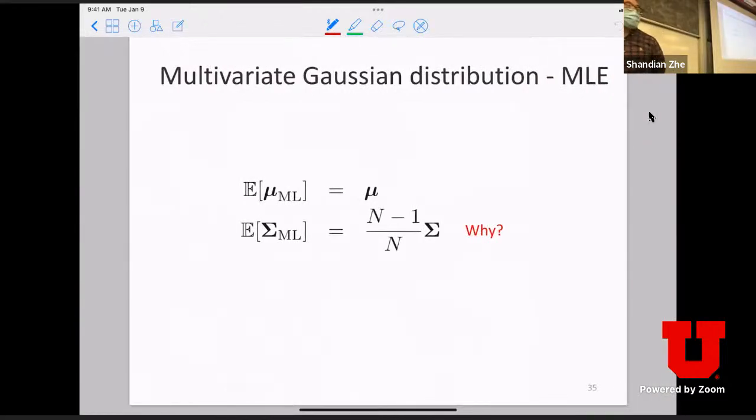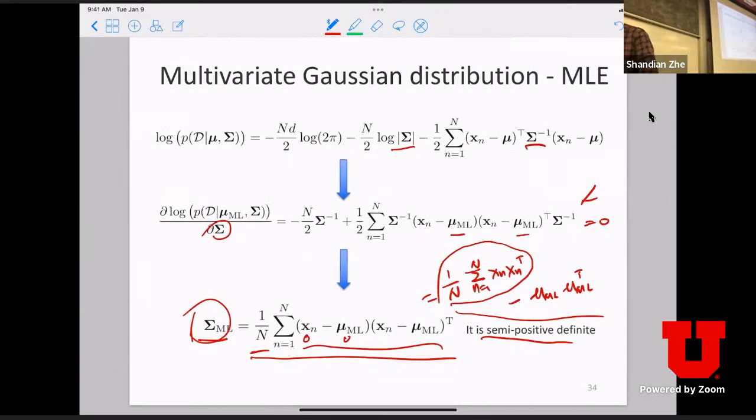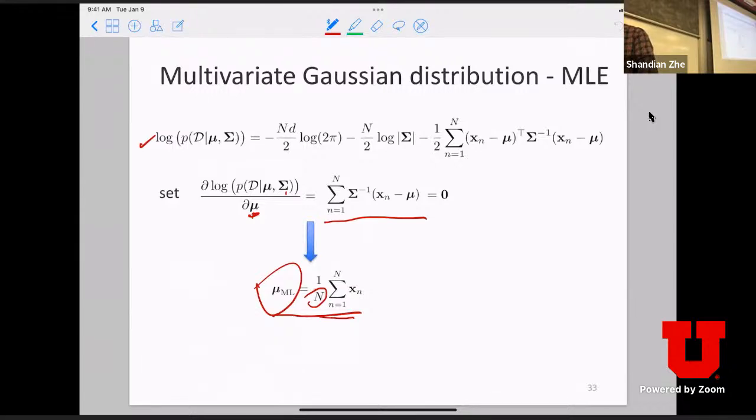So I want to point out a fact. The MLE estimate is also a random variable. Why? Yes, exactly. Just be aware of this fact. First, the MLE estimate of the mean is an average of the data.